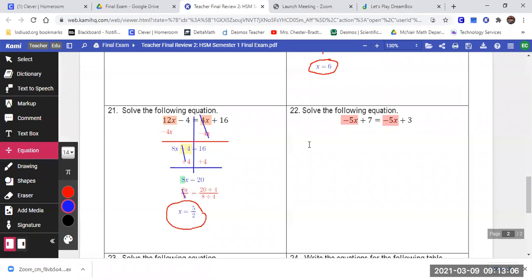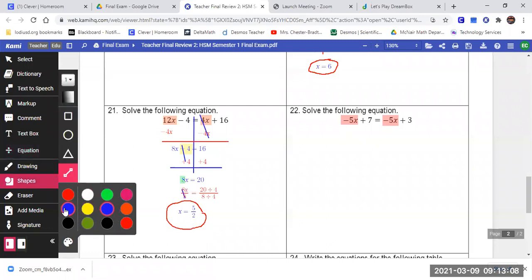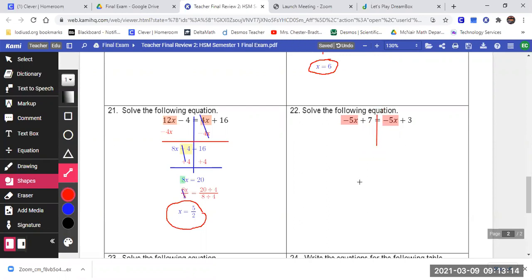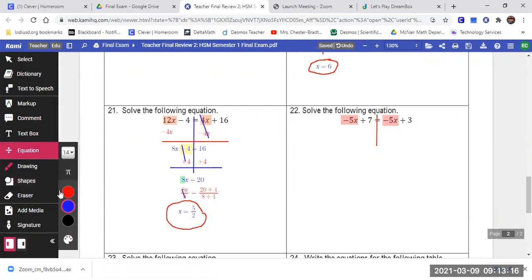So put my line in, showing my separation, my balance that I have to keep. And then I'm going to add 5x on the left, and I'm going to add 5x on the right. And I big zero out the left side.